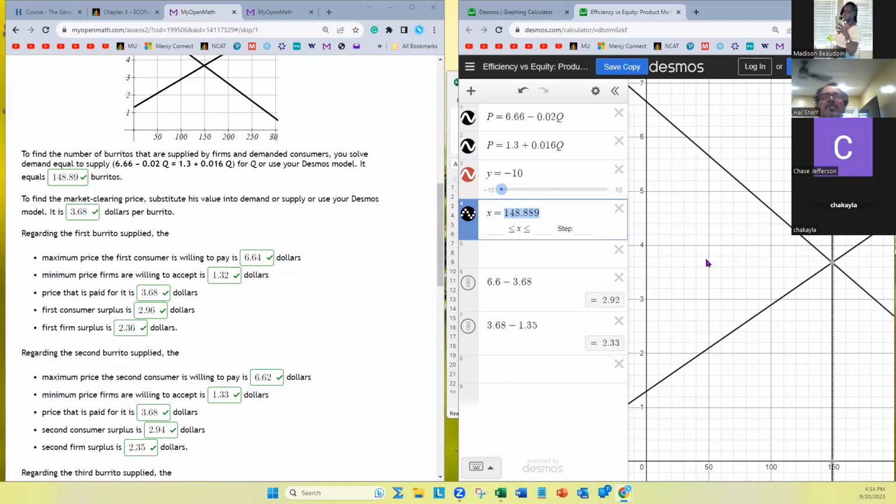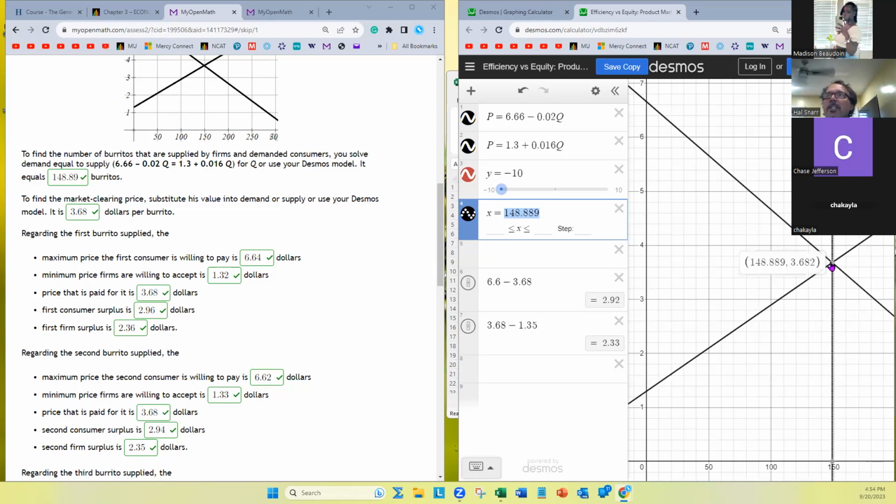You can think of maybe this is in thousands, right? So the marginal consumer, if that were the case, would be the 148,889th customer. That would be the marginal consumer.